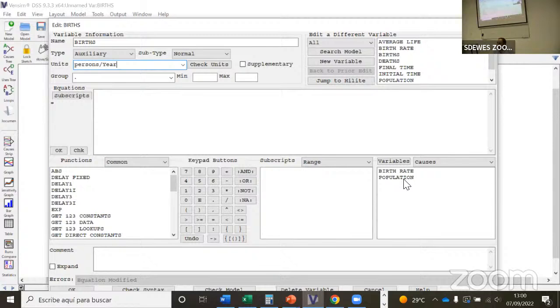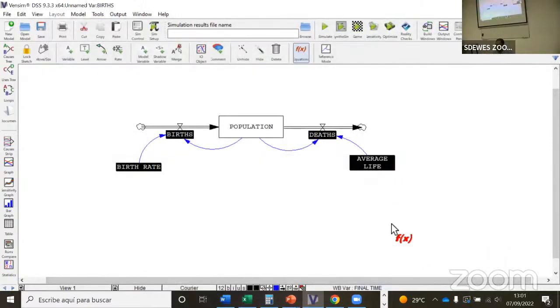Wait, let's see if everybody catches up. Does everybody have it like this? Is everybody that far? Can you open the diagram? For me, population. Okay, and now close this. No, not close.